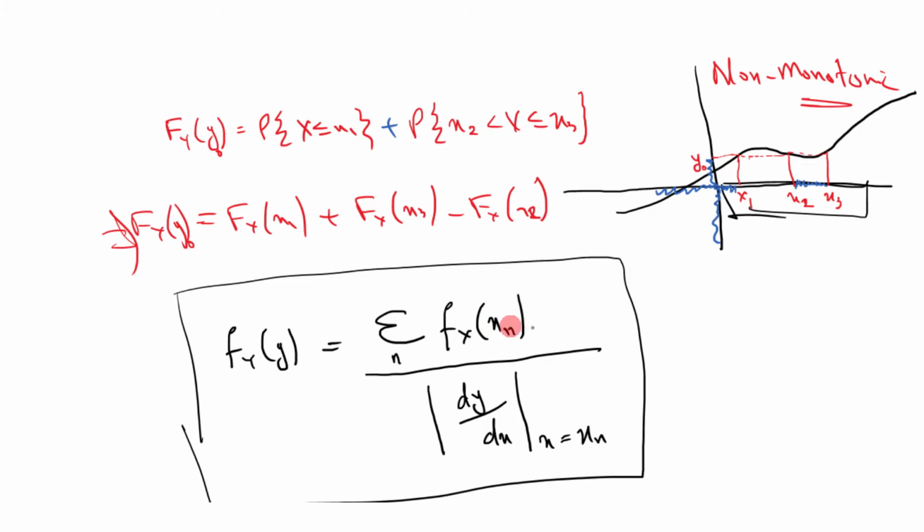Now let us see an application of this non-monotonic transformation T of x using an example.